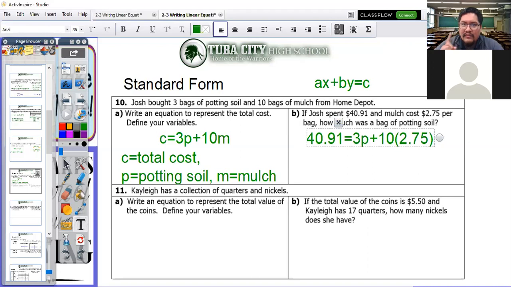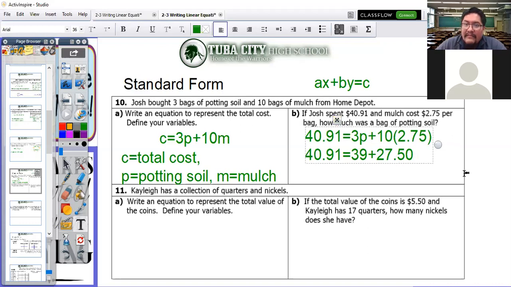And again, there's only going to be one thing that we're looking for. So 3P, and I'm going to go ahead and multiply this together. Actually, this is pretty easy. It'd be $27.50. And since we're talking about dollars, I'm going to put the extra zero in there. Normally I would not put the extra zero in there because it doesn't really do anything.